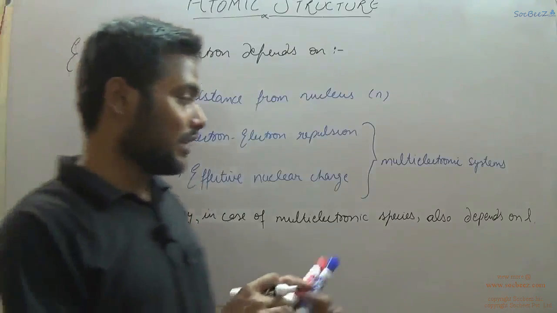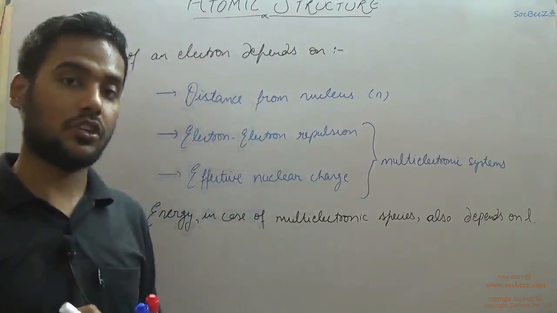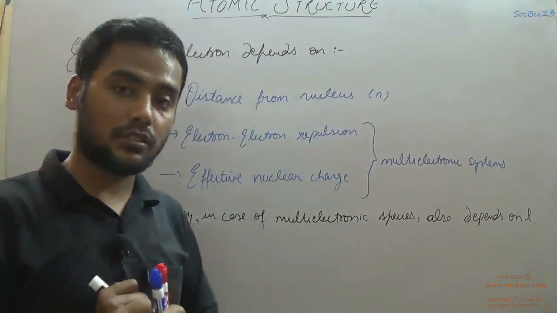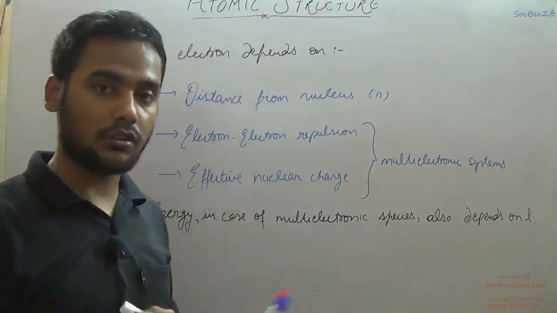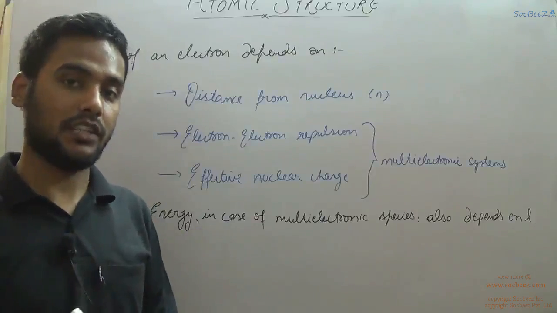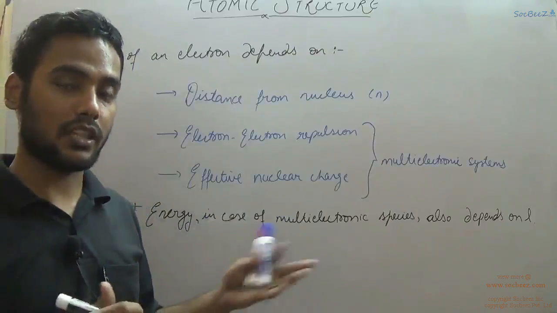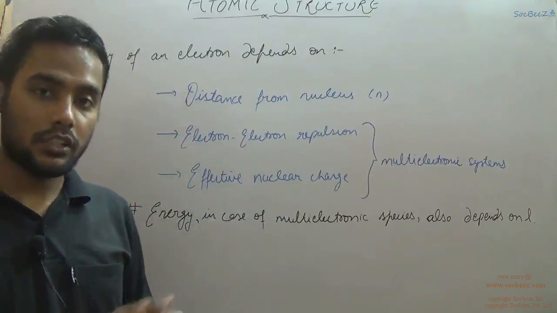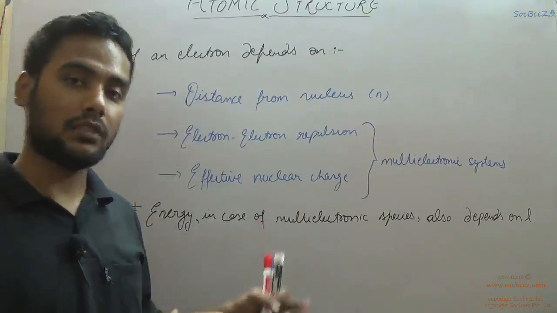Now, although the exact equation for energy and its dependence on principal quantum number and azimuthal quantum number is a bit complex, in fact, more complex than we can think, we are not going to derive the mathematical expression.